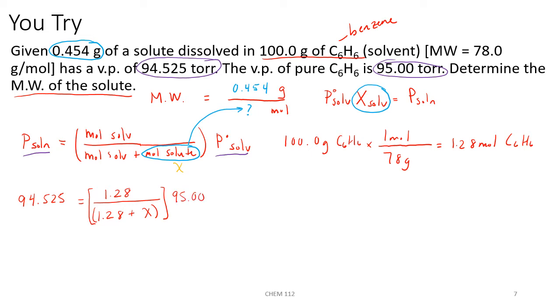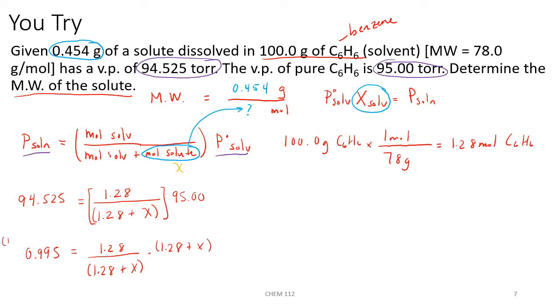If we divide both sides of the equation by 95, we can isolate our term that contains our X in it. So that's going to give us 0.995 equal to 1.28 over 1.28 plus X. And if we want to move our term that has X out of the denominator, we can multiply both sides by that whole term.